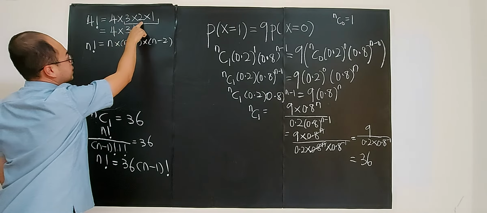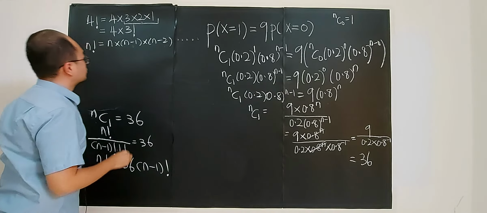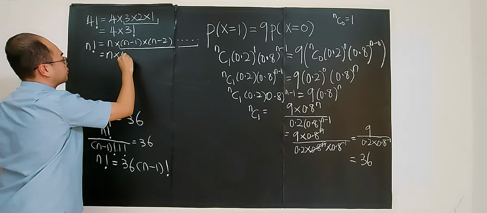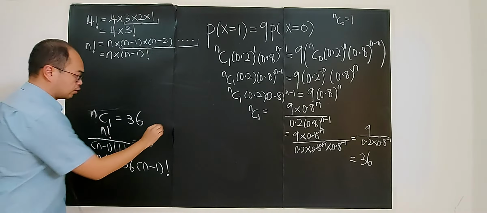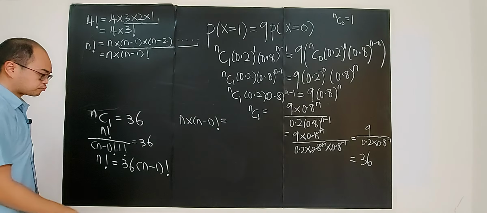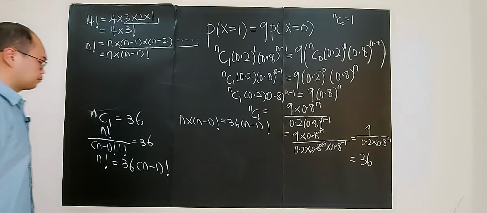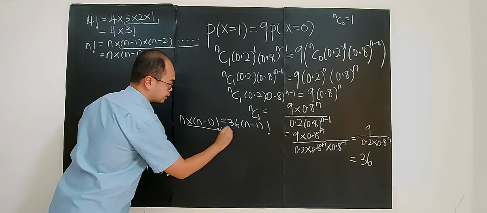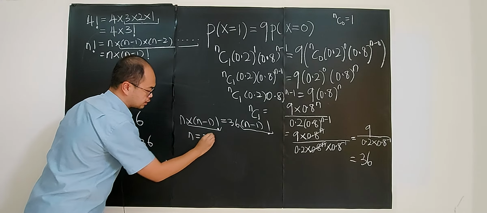So I can rewrite n factorial as n multiplied with n minus 1 factorial, which equals 36 multiplied with n minus 1 factorial. The purpose of writing this is so that I can divide both sides by this value, then I have n equals 36.